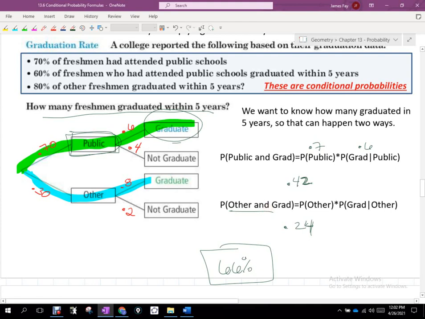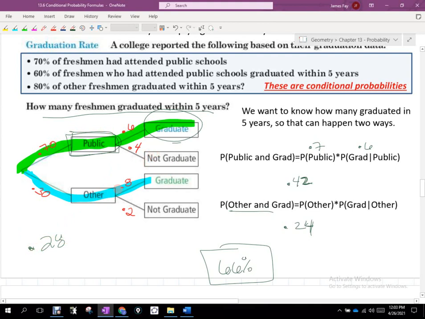Is it okay with everybody? I like to check myself with, what if they went public and didn't graduate? What's public and didn't graduate? Be 0.28, wouldn't it? 7 times 4.